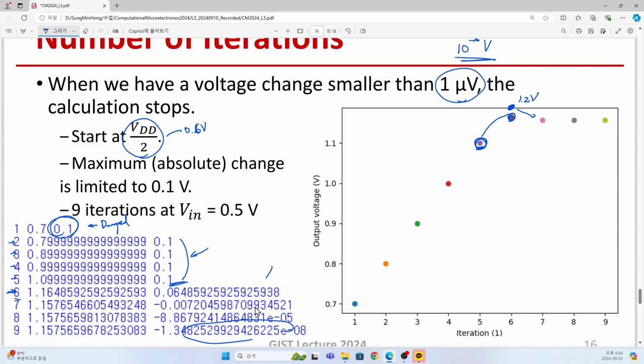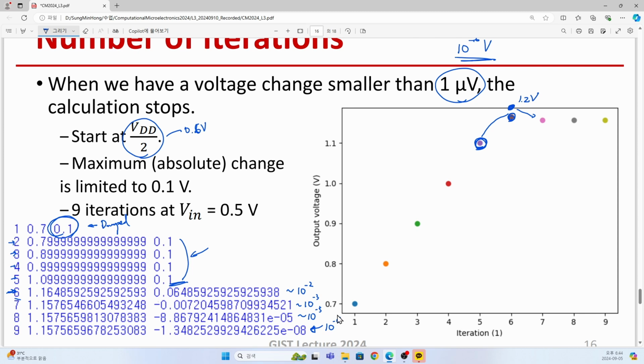For example, at the end of our iterations, the update value was just 10 to the minus 8. Please note that this was around 10 to the minus 2, then 10 to the minus 3, then 10 to the minus 5, and 10 to the minus 8.